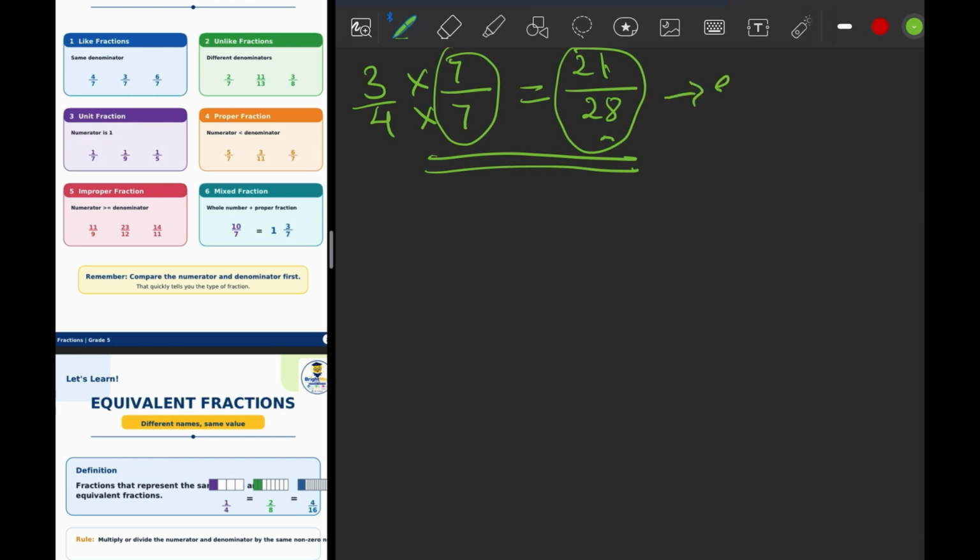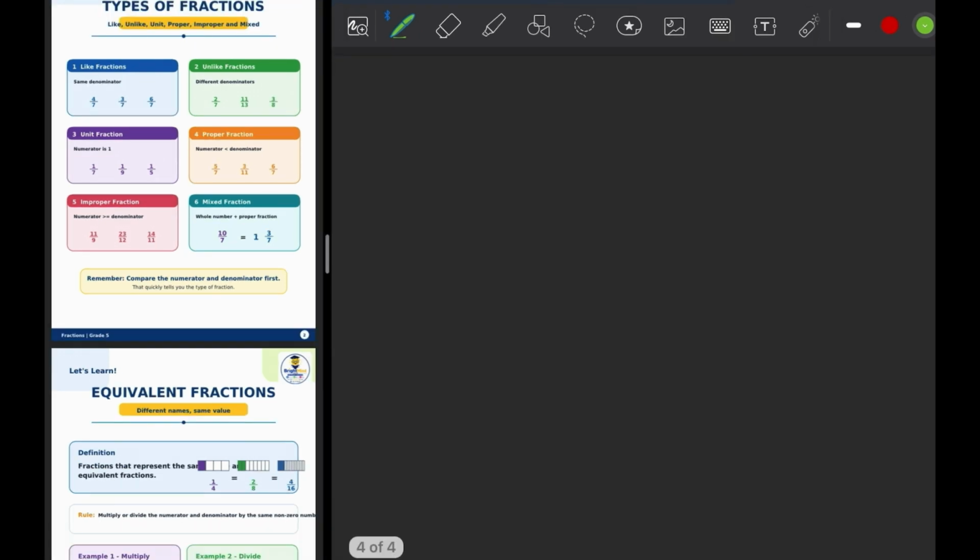These are the equivalent fractions. Here I will take 5/12. Suppose I multiply 5 by 3 and 12 by 3. So it will come to 15/36, right? The denominator here is 36.